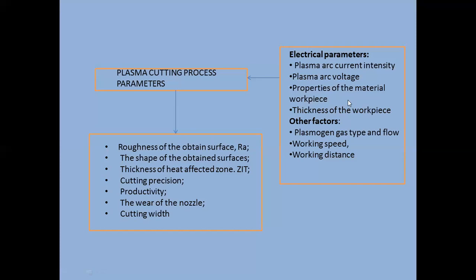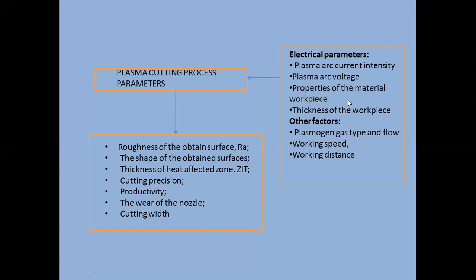Suppose we have a 100 thick workpiece and we are applying only current or voltage that is sufficient for cutting only 10 thickness, then the cutting takes more time, right? The productivity and such factors are going to be affected, and economics also.